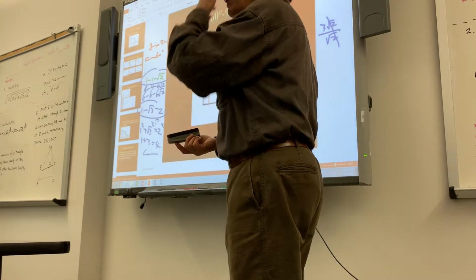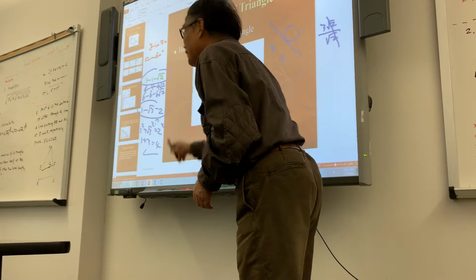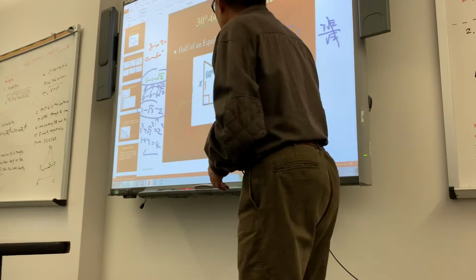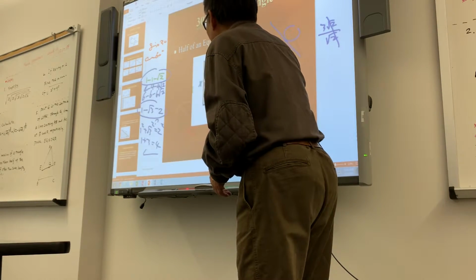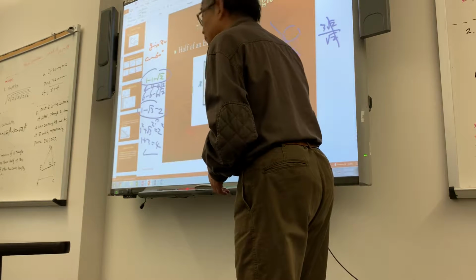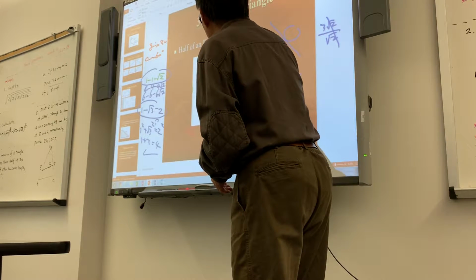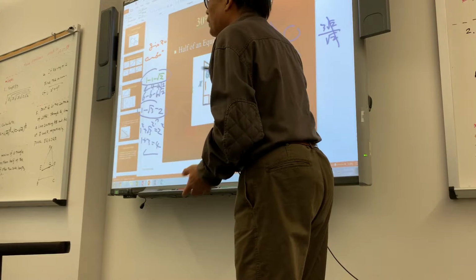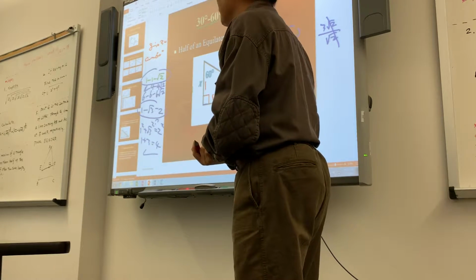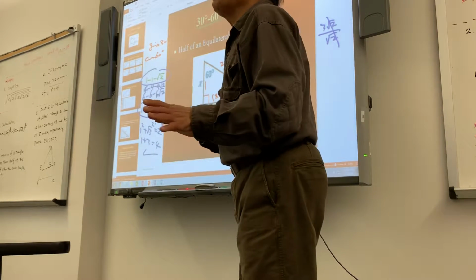If this side is 1, this side is 1 times square root of 3. This is 2 times 1. Do you understand, please? So the rule is not difficult work.